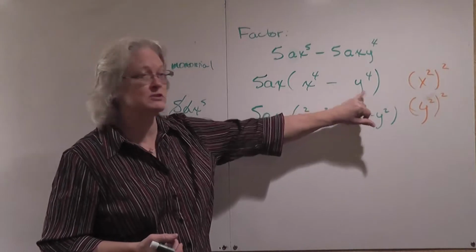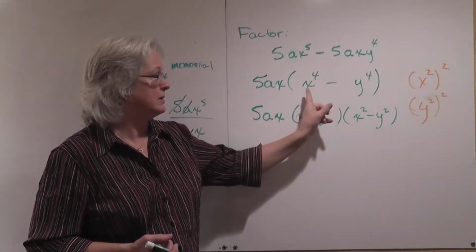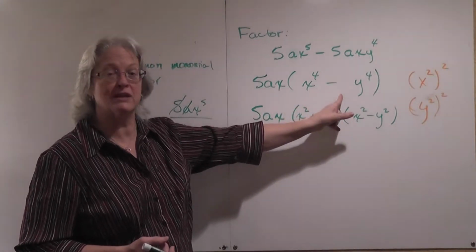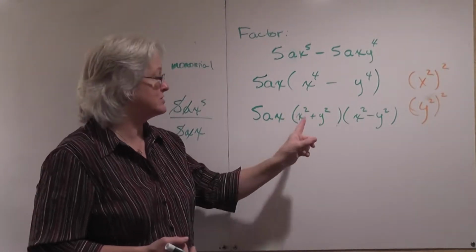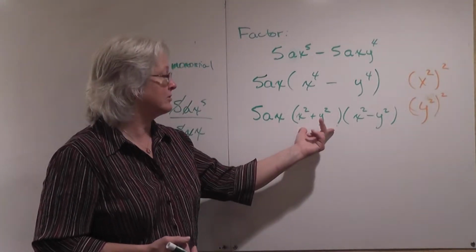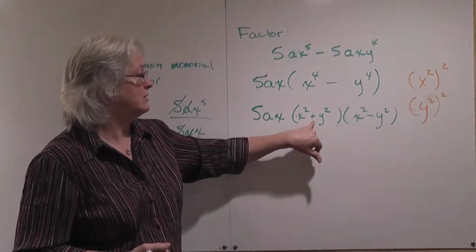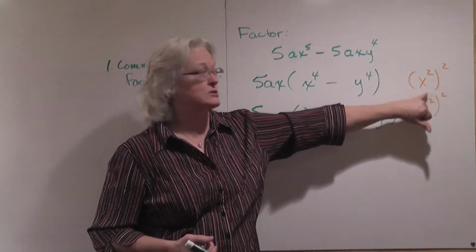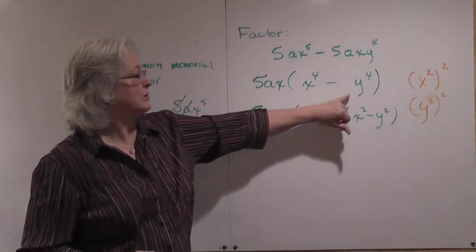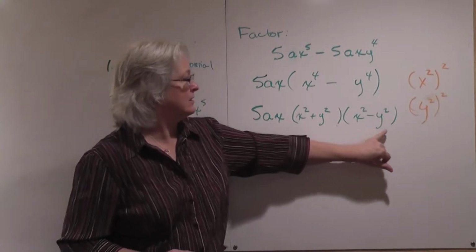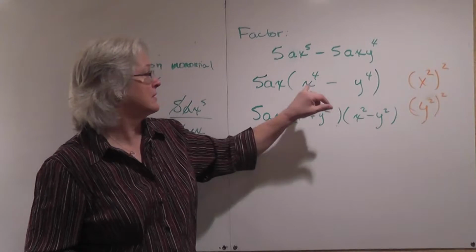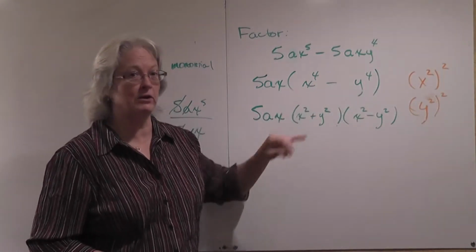When we have the difference of two squares, x to the 4th minus y to the 4th, that factors into two binomials. Here we have two binomials. The first binomial factor is the sum of the square roots of the terms. The second factor is the difference of the square roots of the terms in that binomial.